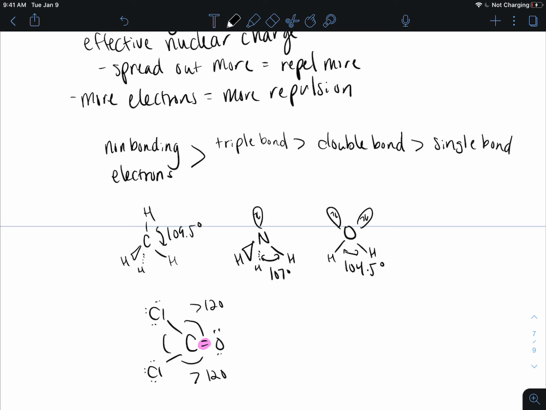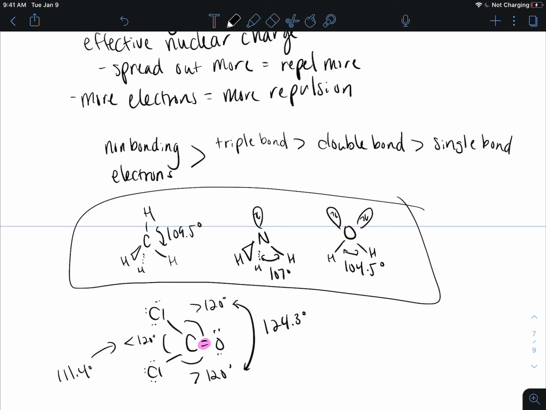And this one is going to be less than 120 degrees. Specifically, these two are 124.3 degree bond angles, and then this one is 111.4 degrees. You don't need to memorize those. You just need to memorize these. And know that if you have different types of bonds, they're going to repel differently. So you should understand the ordering and know what your bond angles for your tetrahedral ones are.